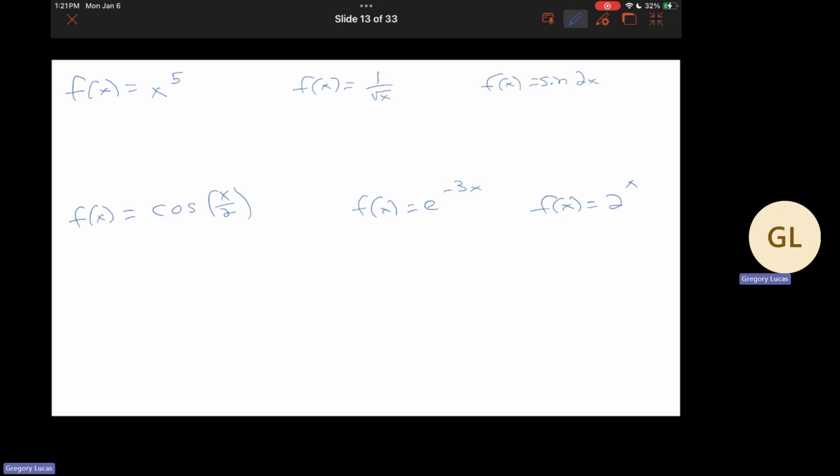Okay. So let's go one by one. So if I have x to the fifth as the derivative, the original power would have had to be x to the sixth. Okay. So my big F of x would have had to be x to the sixth, but when I move that 6 to the front, I would have had 6x to the fifth.